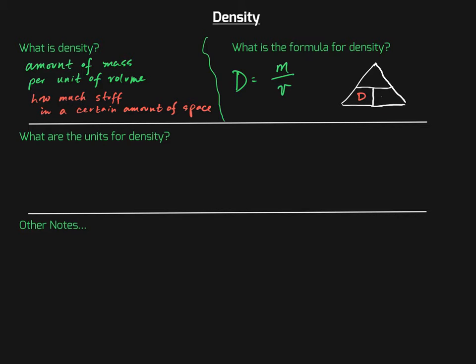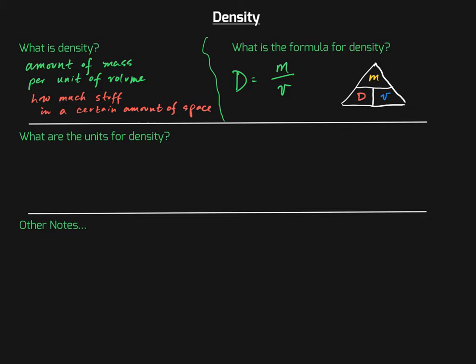The other spot down here is going to get filled with the V, and then the top is going to be filled with M. Okay, now in problems that you might have to solve regarding density, I can ask you straight up to solve for density, and you just have to use this equation. However, if I have you solve for mass, you're going to have to do some algebra to this equation. Now, this isn't a math class, so I'm not as concerned that you can rearrange this algebraically. So this pyramid is going to come in handy, okay?